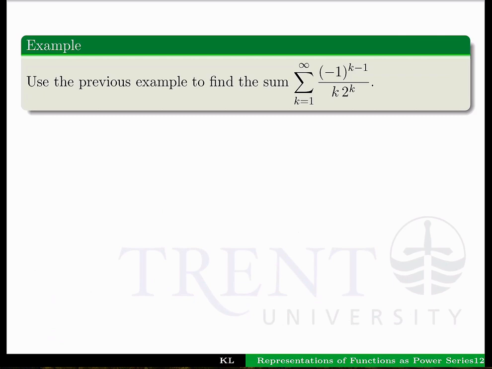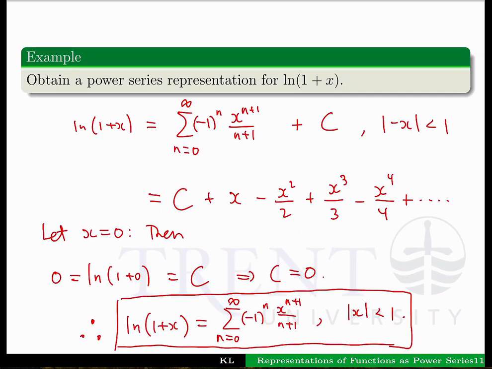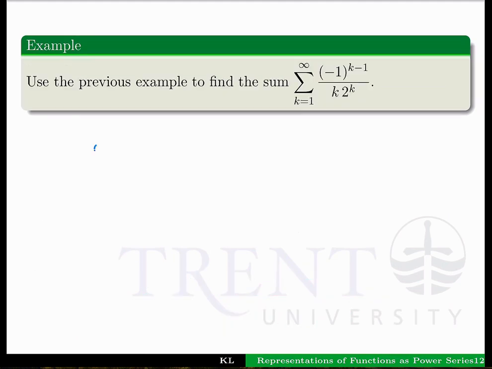Next problem. Use the previous example to find the sum of negative 1 to the k minus 1 over k times 2 to the k, running from 1 to plus infinity. Let us look at the previous sum. So, copy. Let's just put it here.